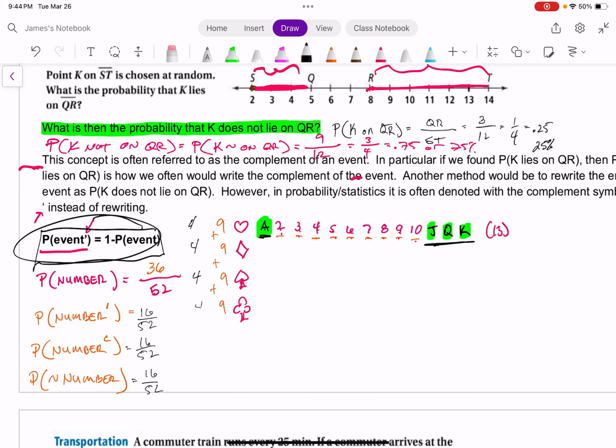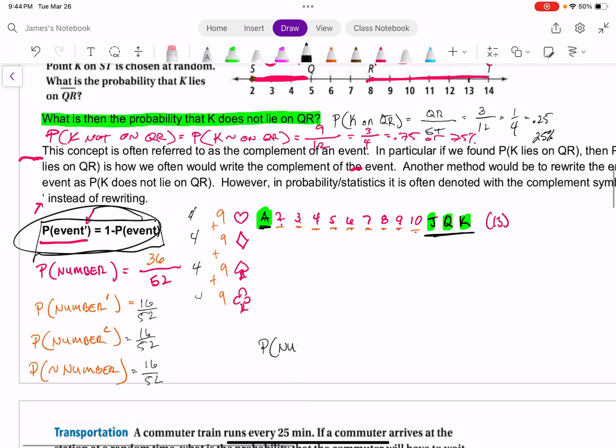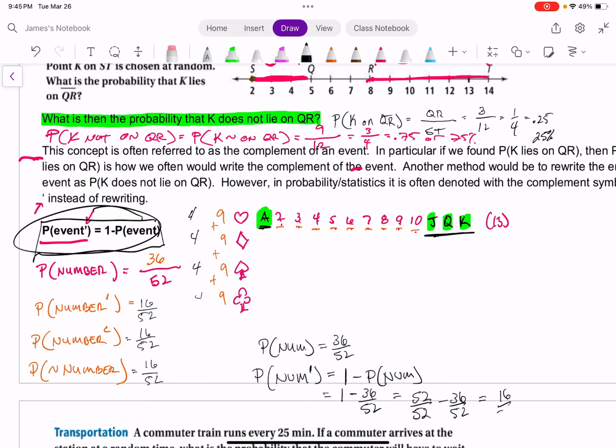So if I knew that the probability of a number was 36 out of 52, the probability of not a number, which would be the probability of an ace, a jack, a queen, or a king, would be 1 minus the probability of getting a number. And that's 1 minus 36 over 52. Common denominator would be 52. So 52 over 52 minus 36 over 52. And that gives me 16 over 52, which is exactly what we said over here.